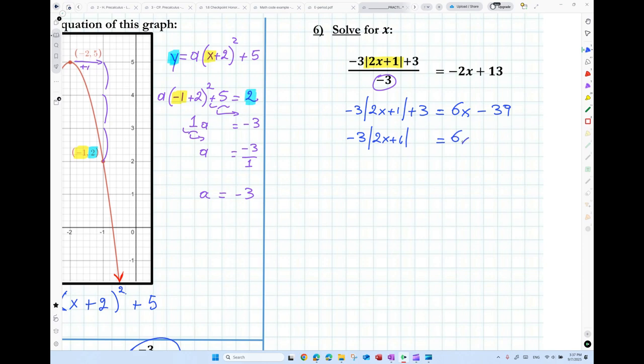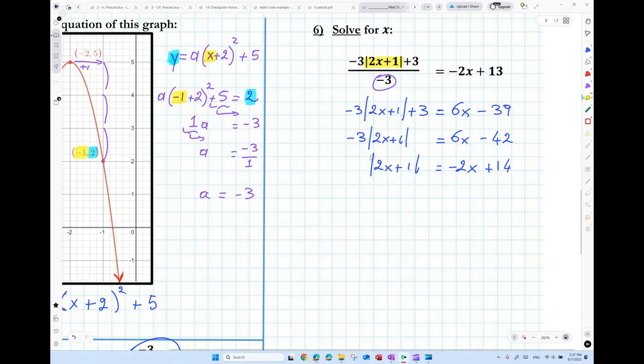I would have 6x minus 39 minus 3 is 42. And finally, I'm going to cross over this multiplication by -3, and I would have negative 2x plus 14, if I'm not mistaken. That's correct.